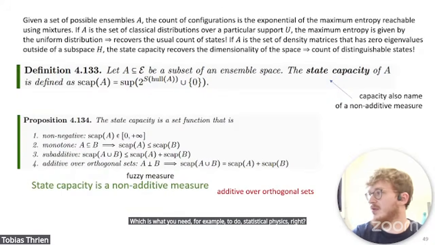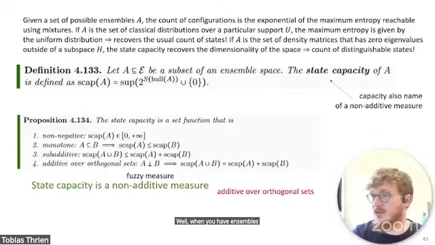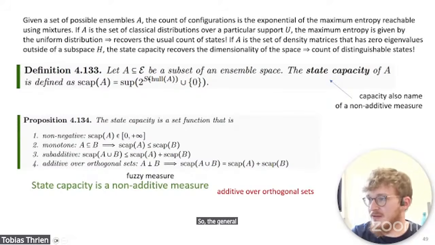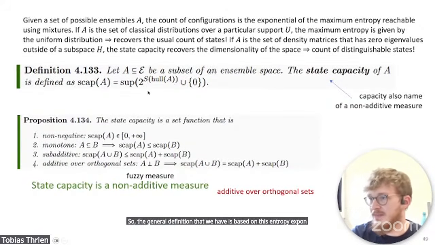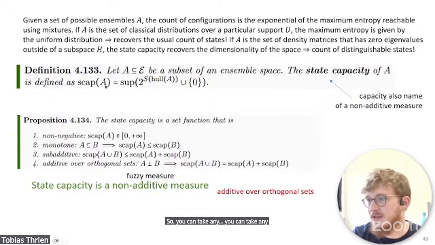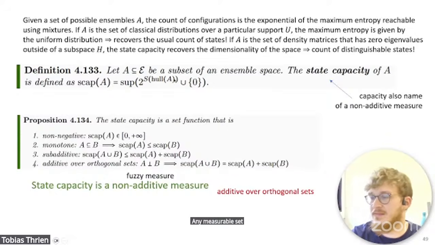When you have ensembles and want to do thermodynamics. So the general definition that we have is based on this entropy, the exponential of the entropy. So you can take any measurable set on your ensemble space.